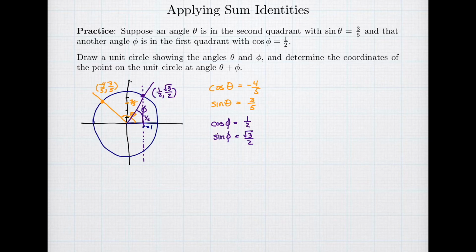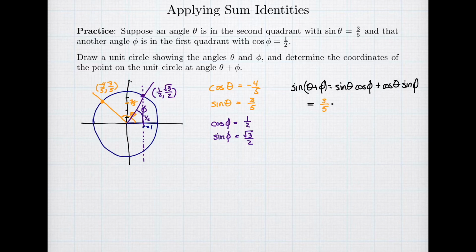All right, from those, I'm now going to use the sum identity for sine and cosine. So the sum identity for sine says that the sine of a sum, theta plus phi, will be sine theta cosine phi plus cosine theta sine phi. So as I use the values, my sine of theta was the value of 3/5.